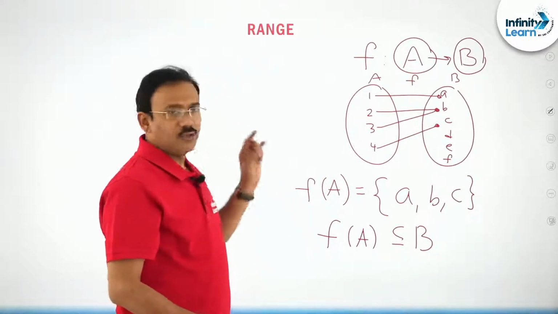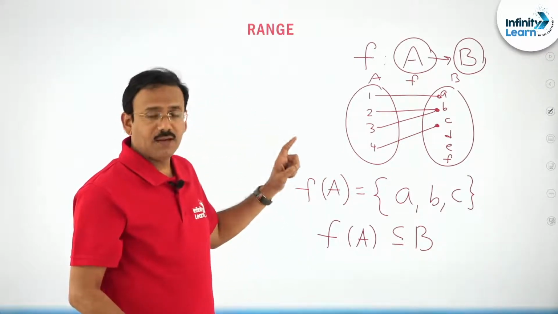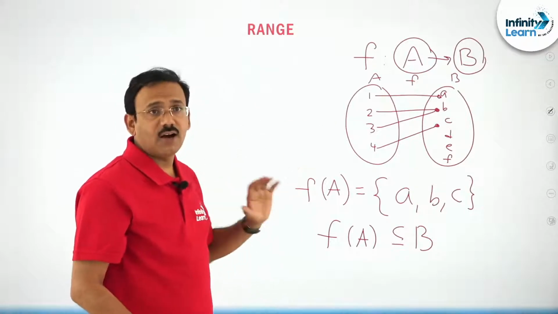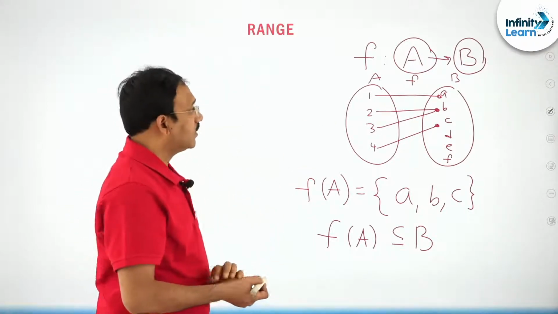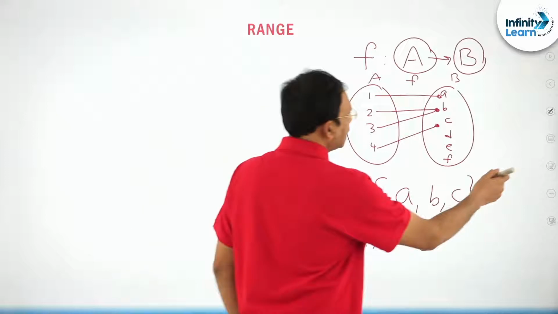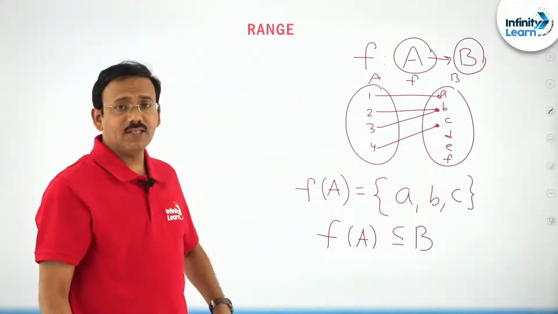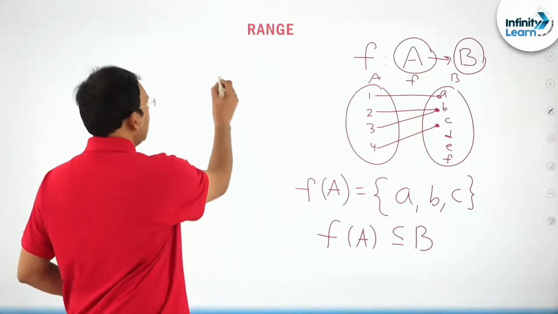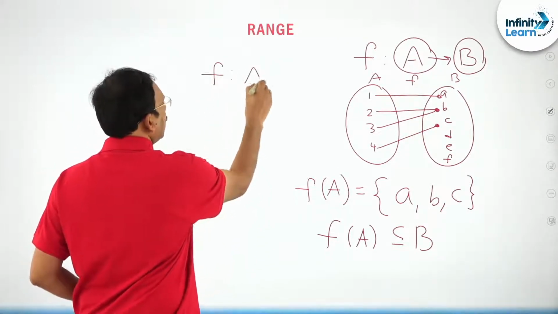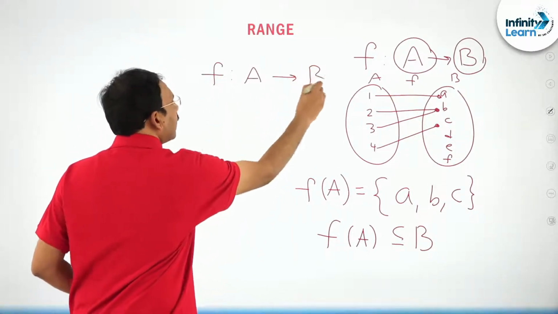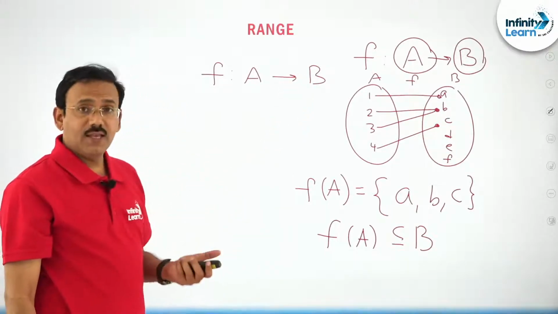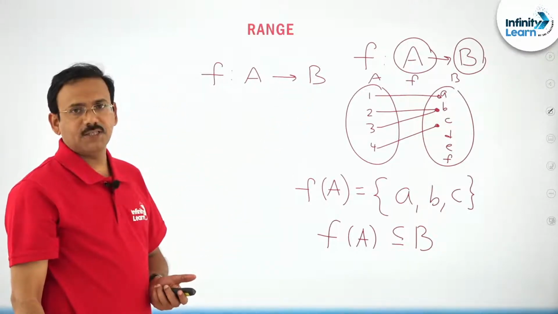So friends, you have seen what domain, codomain, and range of a function are. The next question, friends: what is a real function? For a function f from A to B, generally the elements of A and B can be any well-defined objects.